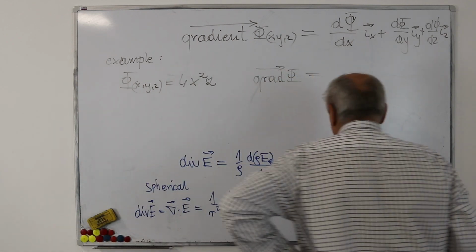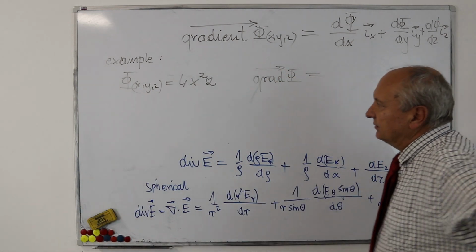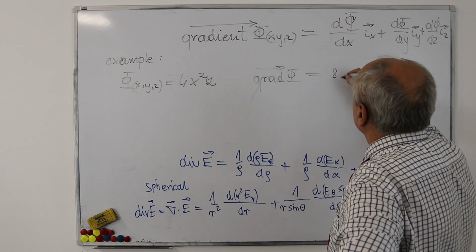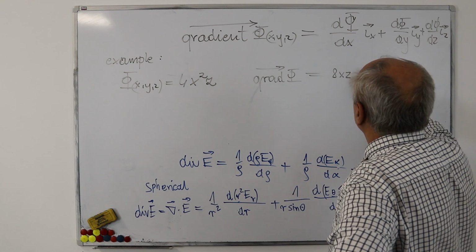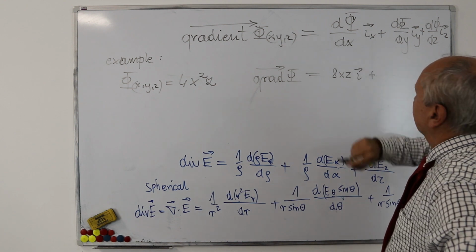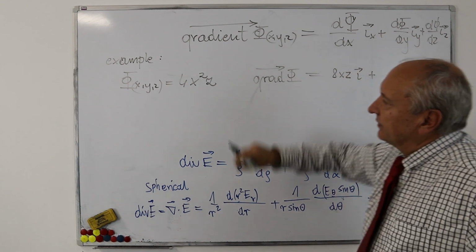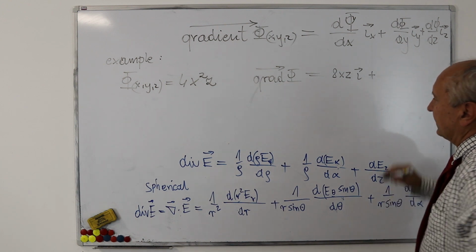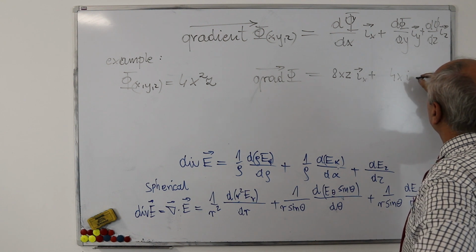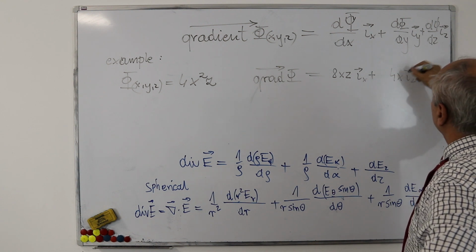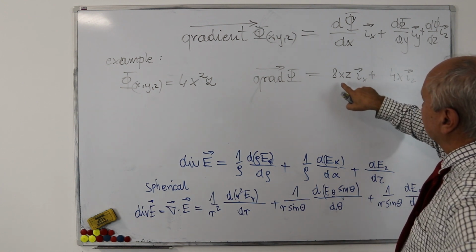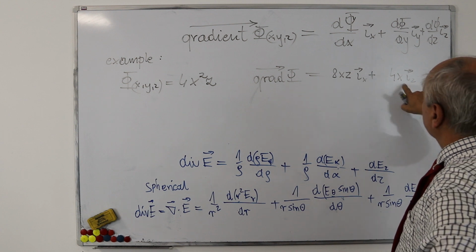This is the vector function, 8xz ax, then the second gives us 0, and the last one gives us 4x az. These are versors, and here we have component x and component z.